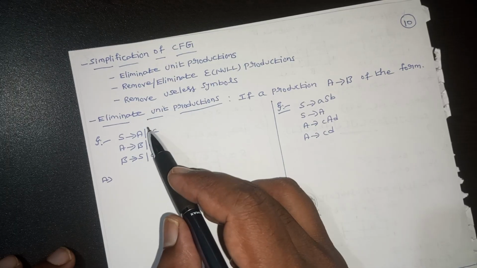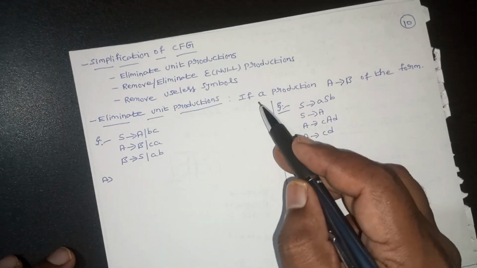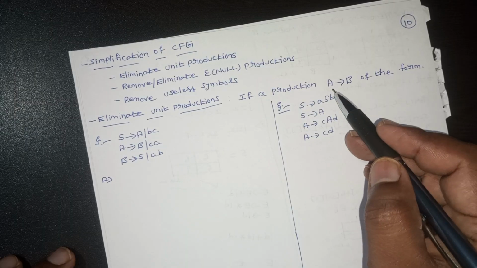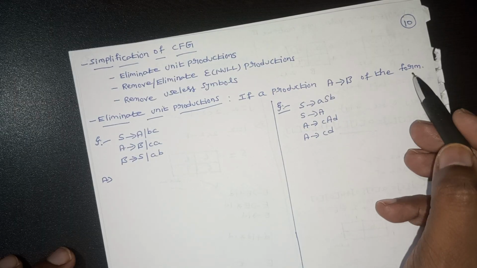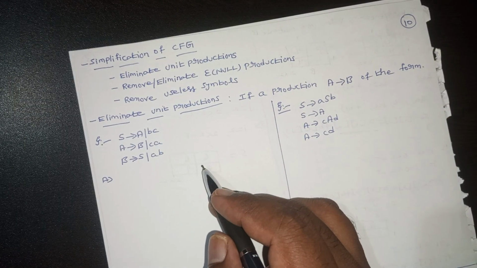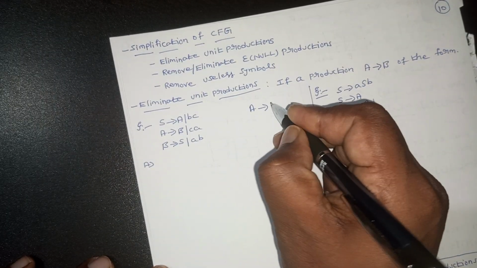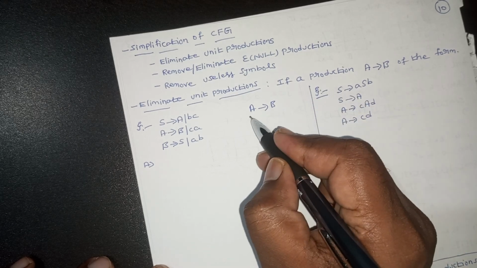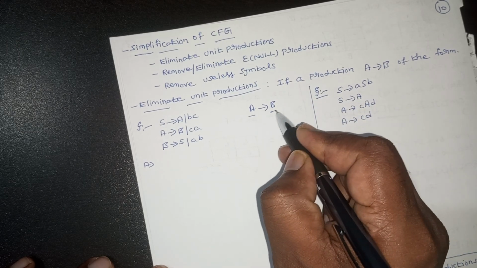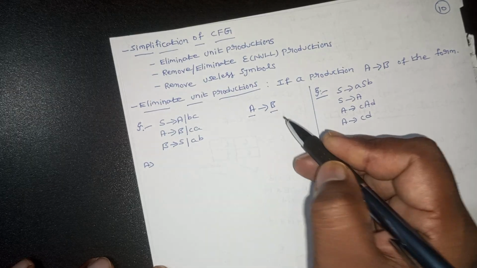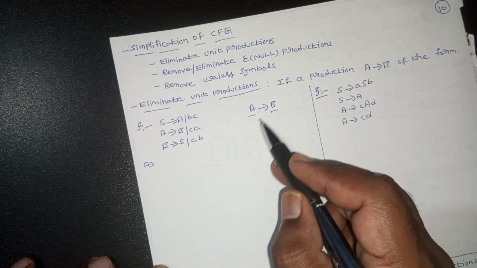First of all, how to eliminate unit productions? If a production is of the form A tends to B, now you see here what they are saying. A tends to B. This is a non-terminal, this is a non-terminal. Okay, it means I am generating the tree continuously.